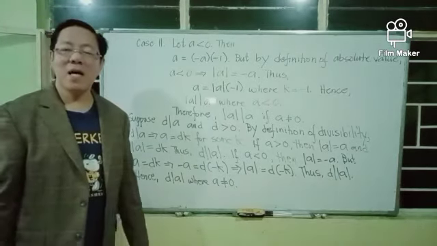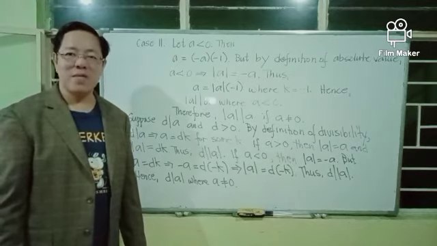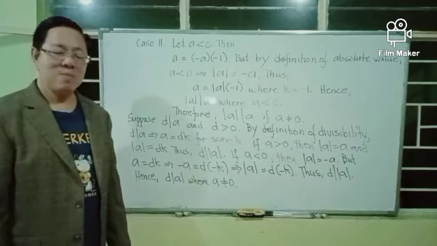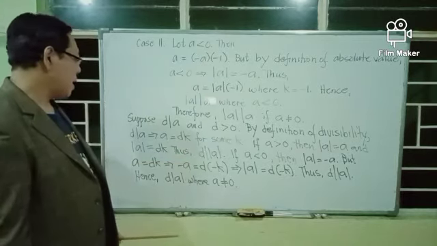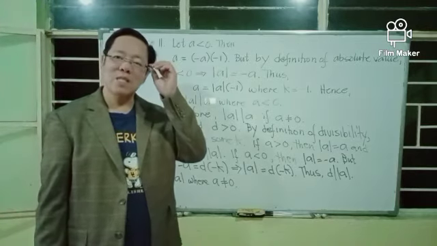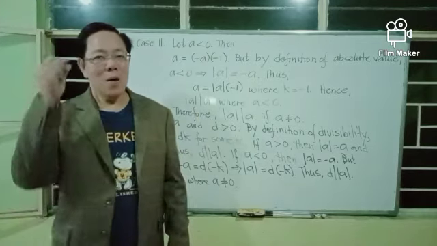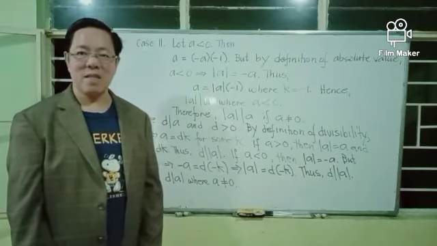Now we apply another property of divisibility. In particular, we apply the comparison property for divisibility. If B here is greater than 0, and the absolute value of A, whether A is positive or A is negative, is positive.